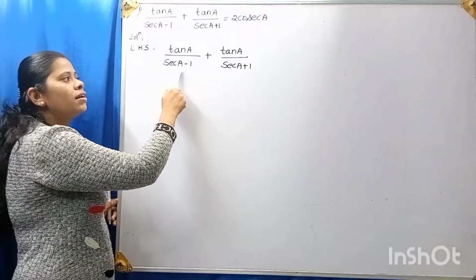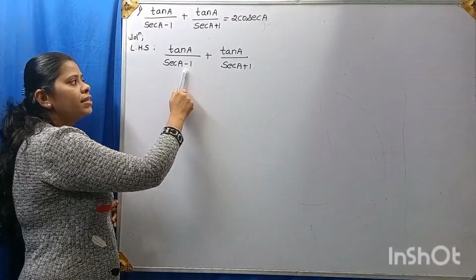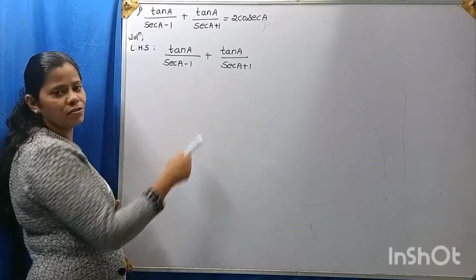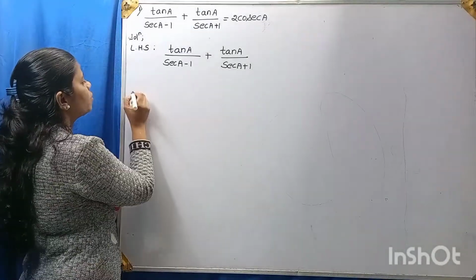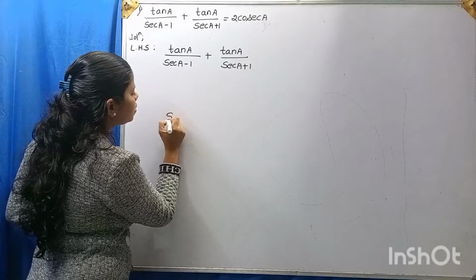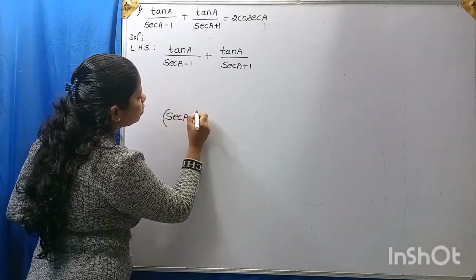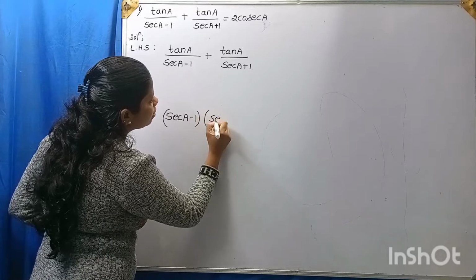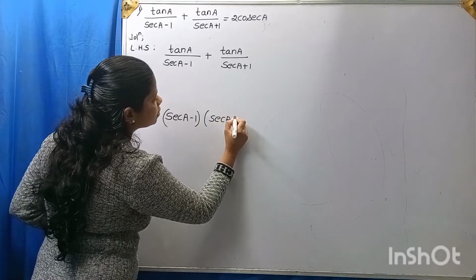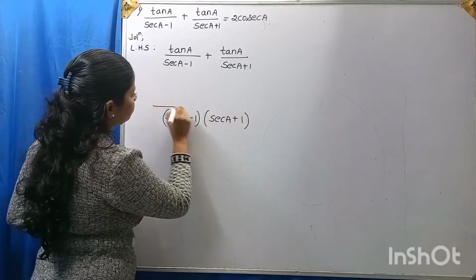Here we have to take the LCM. Secant A minus 1 into secant A plus 1 is the LCM.